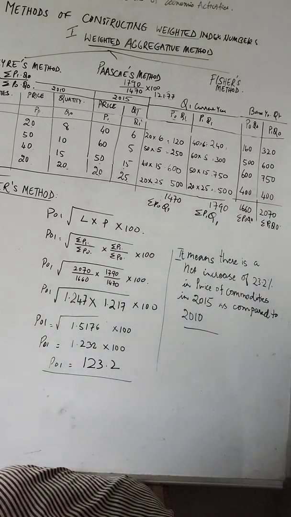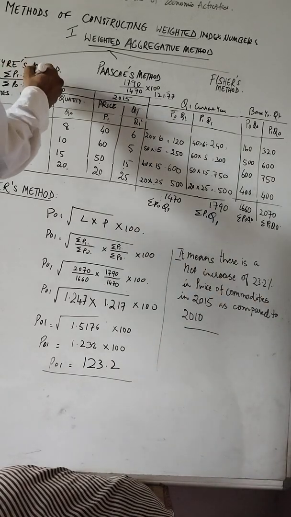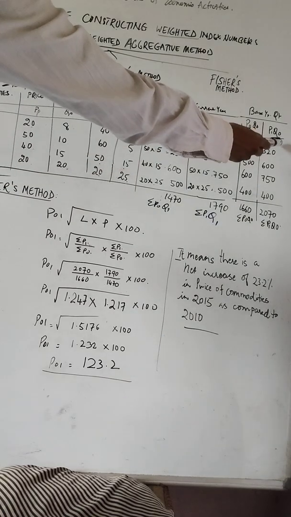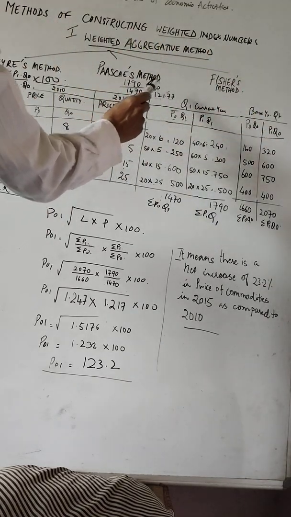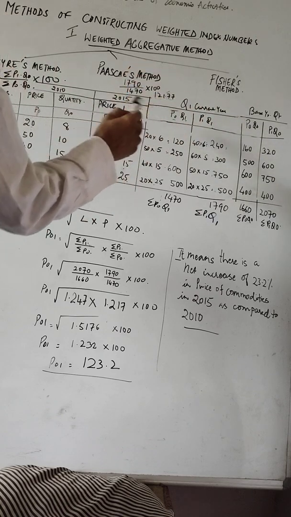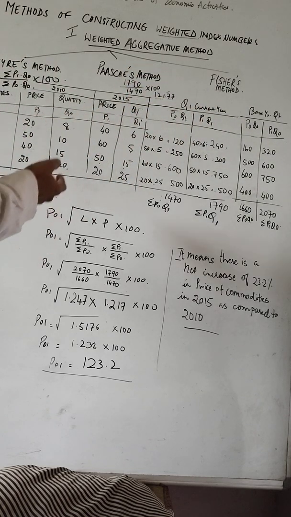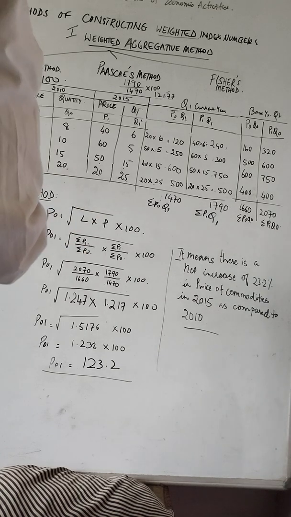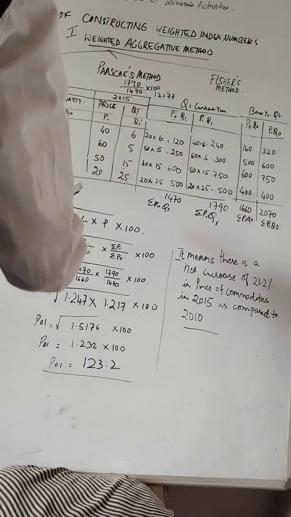And Laspeyres' is where we take Q0, that means base year weights. And in Paasche's method, we take the current year weights, Q1. The index number, as we said, is sigma p1 upon sigma p0 into 100. That's the index number, but along with weights, it becomes like this.